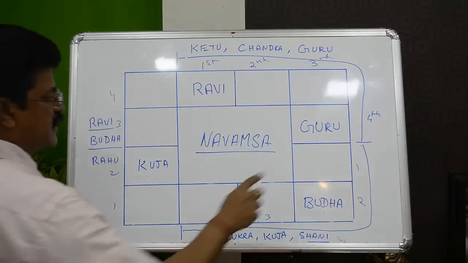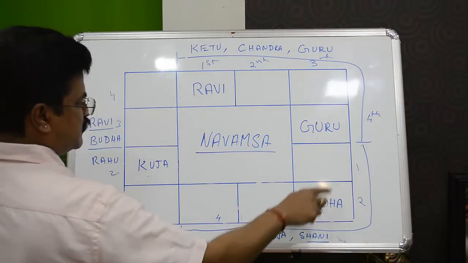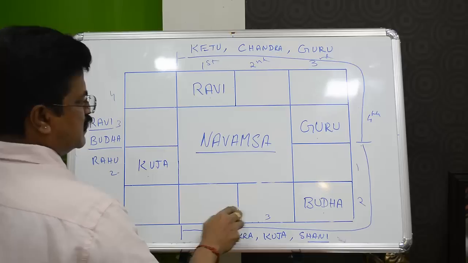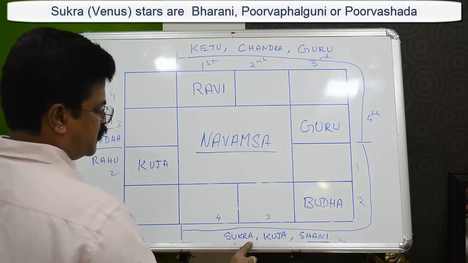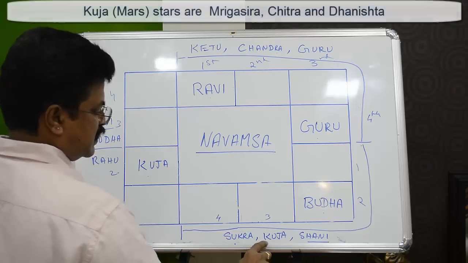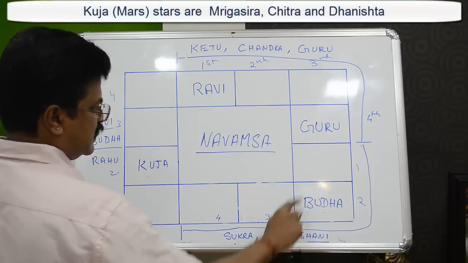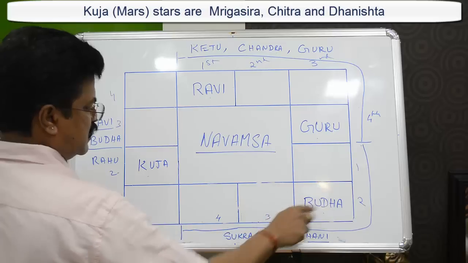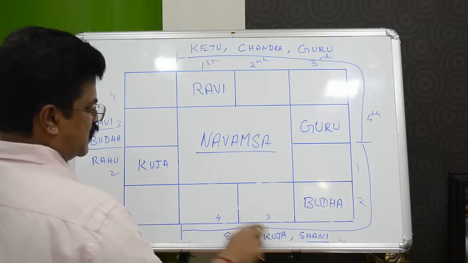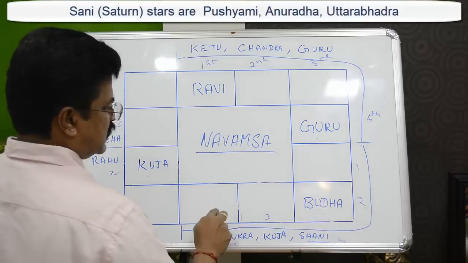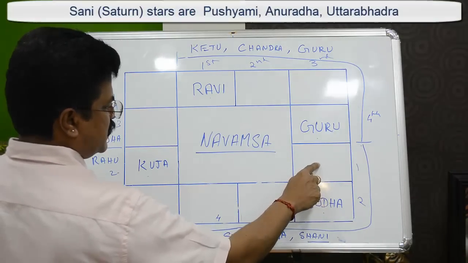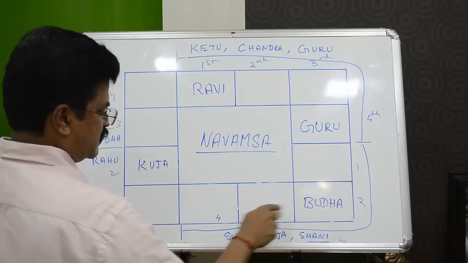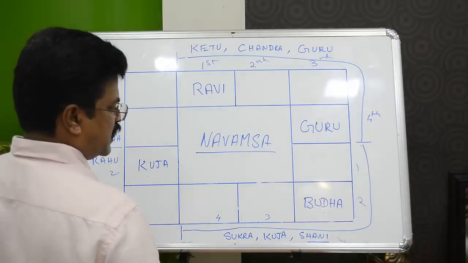So in the same way here, there are 4 places in the Navamsa. It can only be a Bharani Nakshatra or a Poorvabhadra or a Uttarashada. If it is Mars, then it can only be Mrigasira, Chitra or Dhanishta. Saturn stars, all the 4 can only involve Pushyami, Anuradha Nakshatra and Uttaraphalguni.